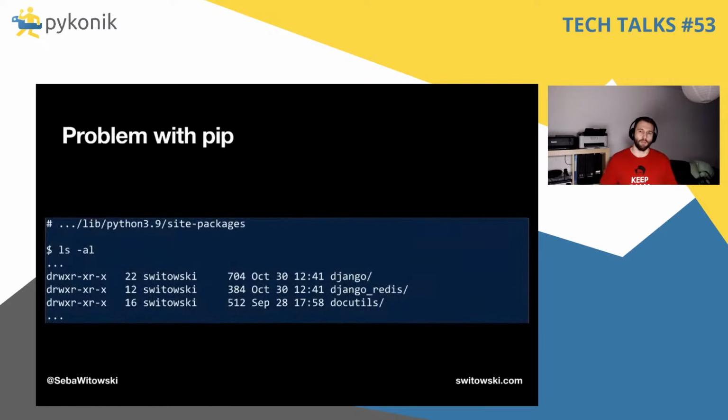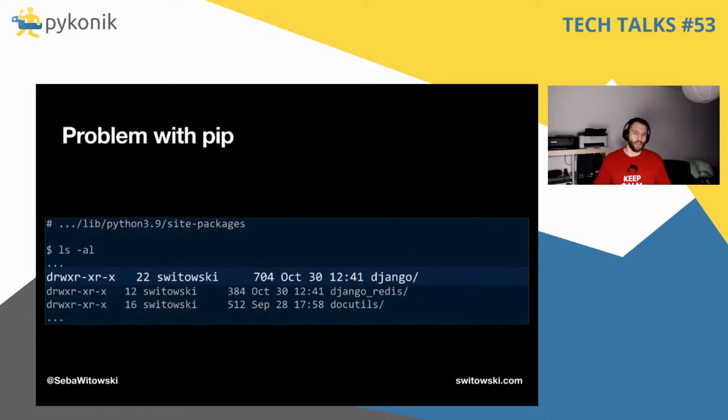We have this problem because pip installs Python packages in the site packages folder and puts each package in a separate folder named after that package. So Django 3 is placed inside site-packages/Django. But when you want to install Django 2, it will also be placed in site-packages/Django. So pip has to first remove what's inside the Django folder and then install a different version of Django.